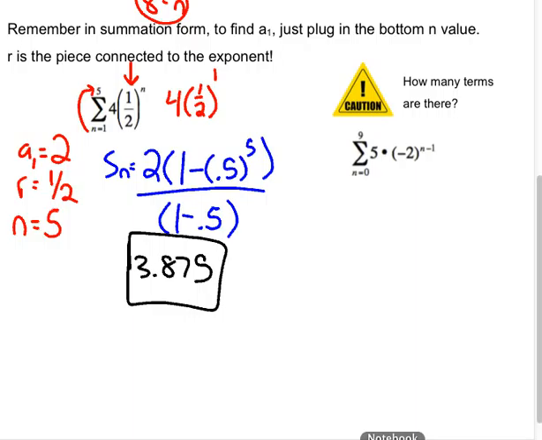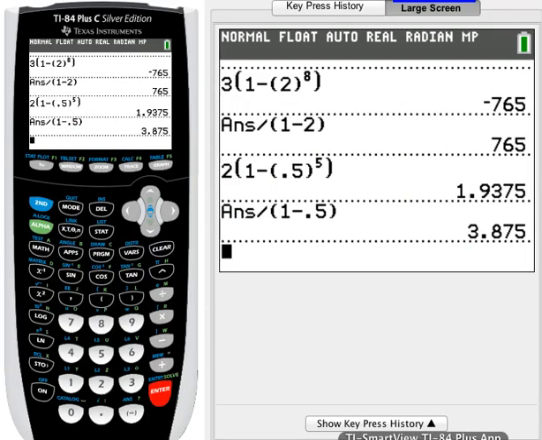All right, let's try this next one. Again, we need to piece out all of the proper information. Okay, A1. So A1 is when I plug in that first term. I plug in that 0. Okay, so 5 times 1/2 to the negative 1.